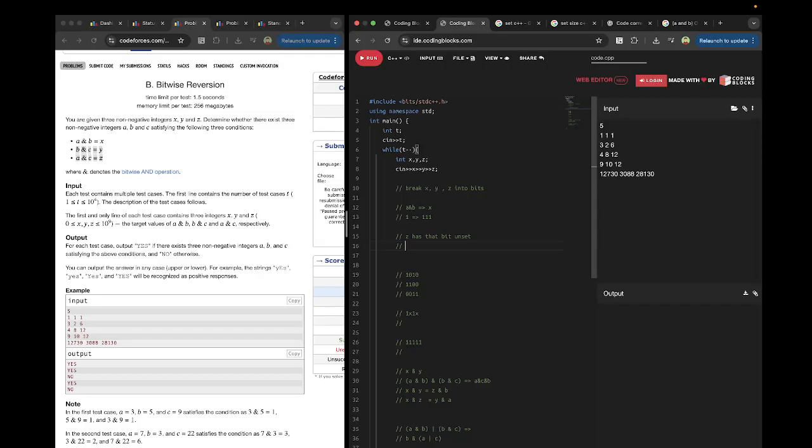Let's say some bit is not set in X. That does not restrict anything.